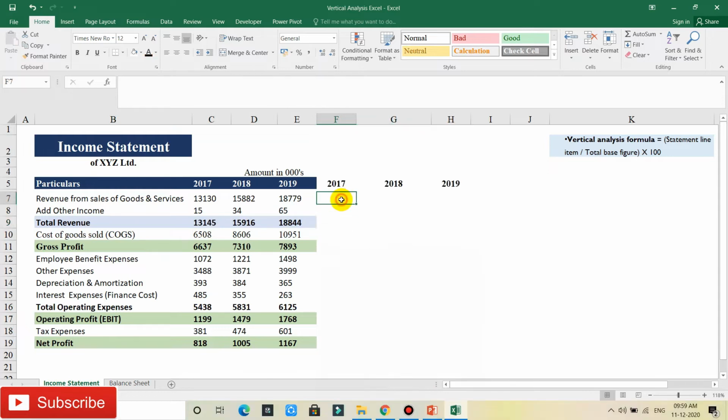For example, there is revenue from sales of goods and services in 2017. I divided it by the total revenue in 2017 and fixed the row so that it becomes easier to calculate, and hence we get the percentage. That's how you convert everything in terms of percentage.